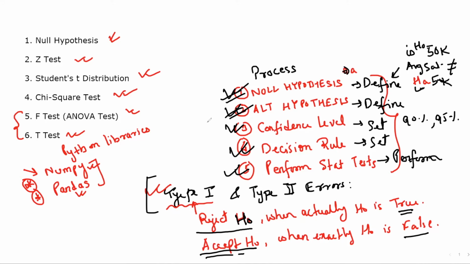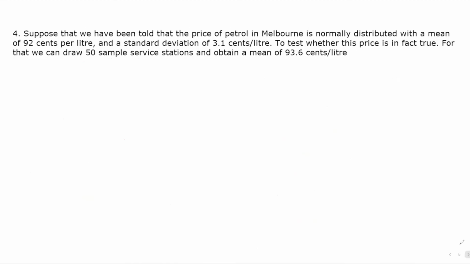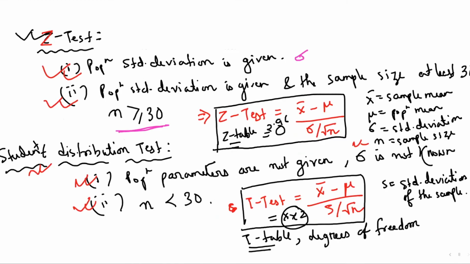In terms of this student distribution, after decision rule, we also have to set or find out the degrees of freedom. Now, I will tell you what exactly is degrees of freedom. What do you mean by degrees of freedom?